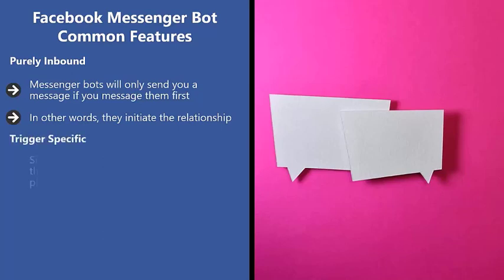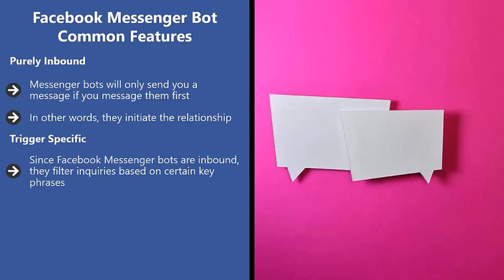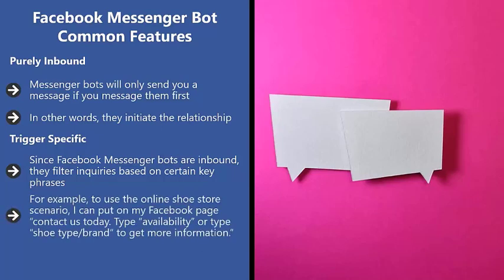Trigger specific. Since Facebook Messenger bots are inbound, they filter inquiries based on certain key phrases. In many cases, Facebook page operators would give a short menu of trigger words to potential customers engaging with their Facebook Messenger bot. For example, to use the online shoe store scenario, I can put on my Facebook page, "Contact us today," type availability, or type of shoe, type brand to get more information.